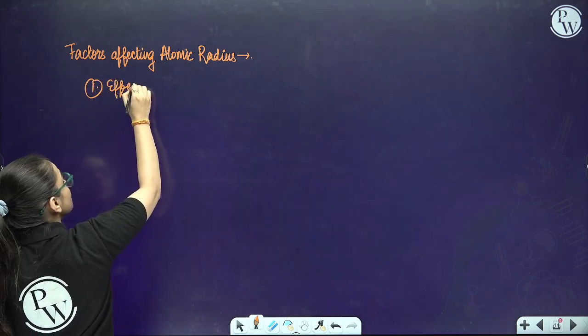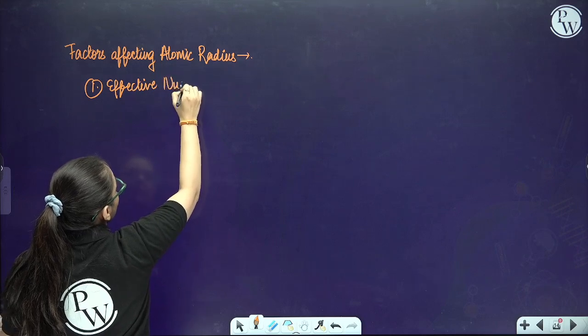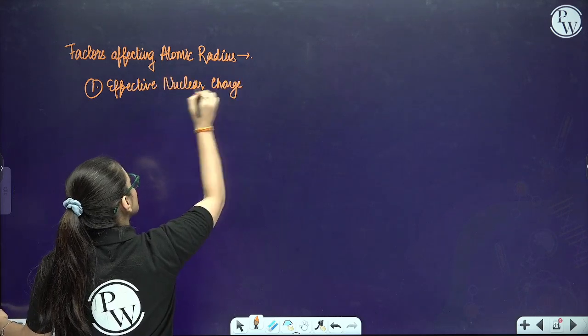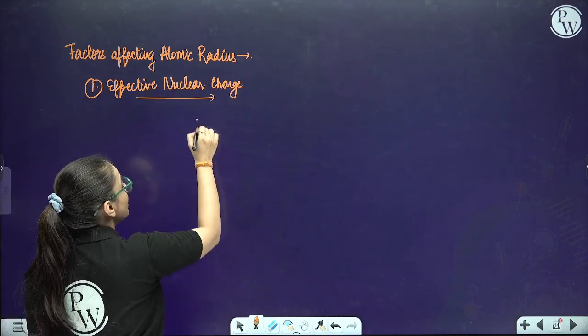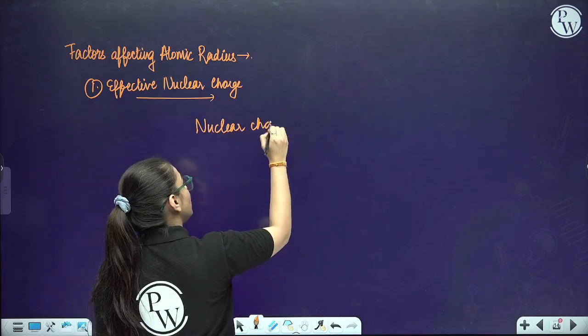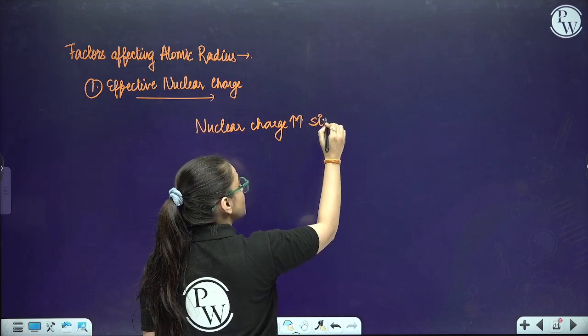The very first factor that affects the atomic radii is effective nuclear charge. Now see, it's very simple. If you are increasing the nuclear charge, what will happen? Now only we have started. If you are increasing the nuclear charge, the size will decrease. What is size?